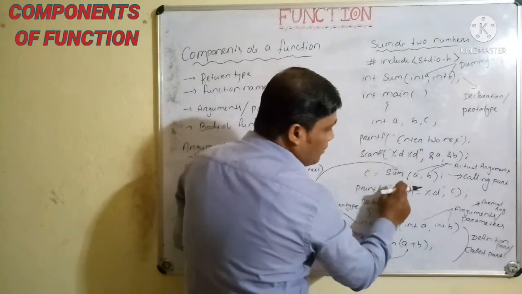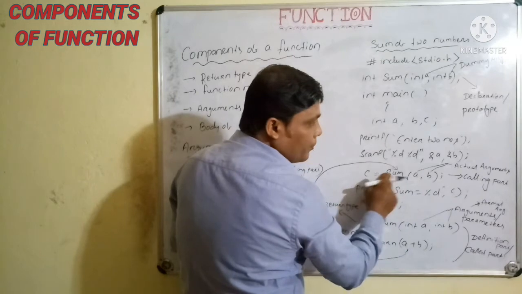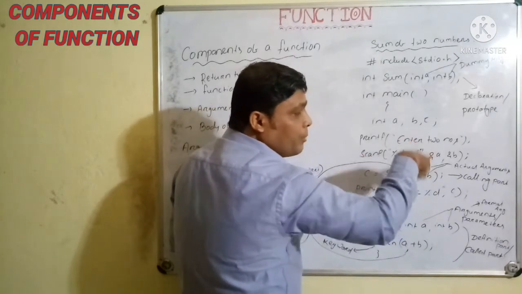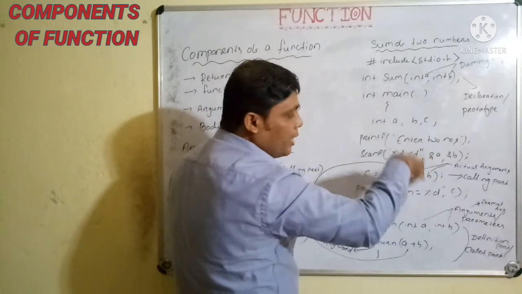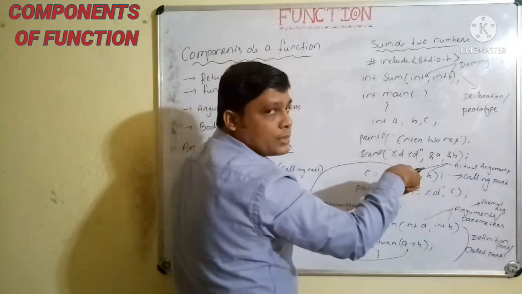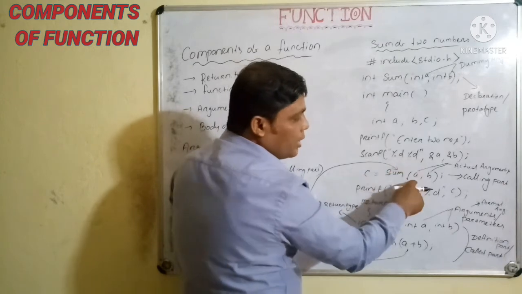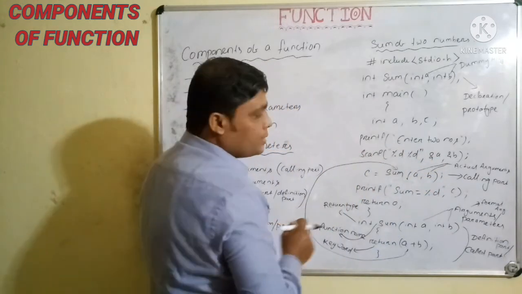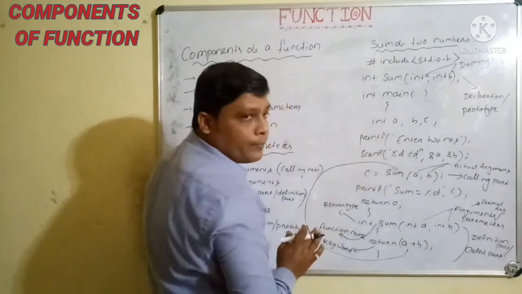Clear? In calling part you can see there is no return type. There is no parameter type. We are passing only the parameters, the values or variables we are passing. Clear? We are writing only the variables or parameters, arguments. There is no argument type or parameter type.